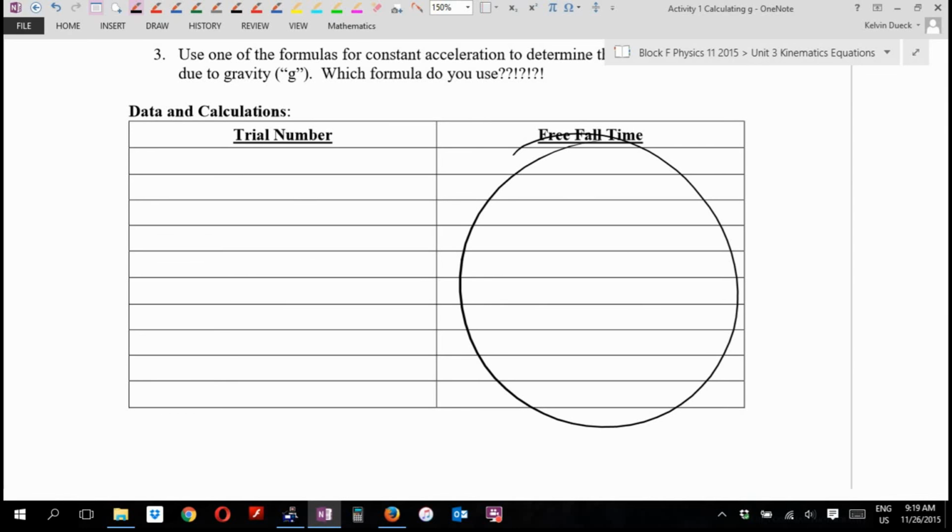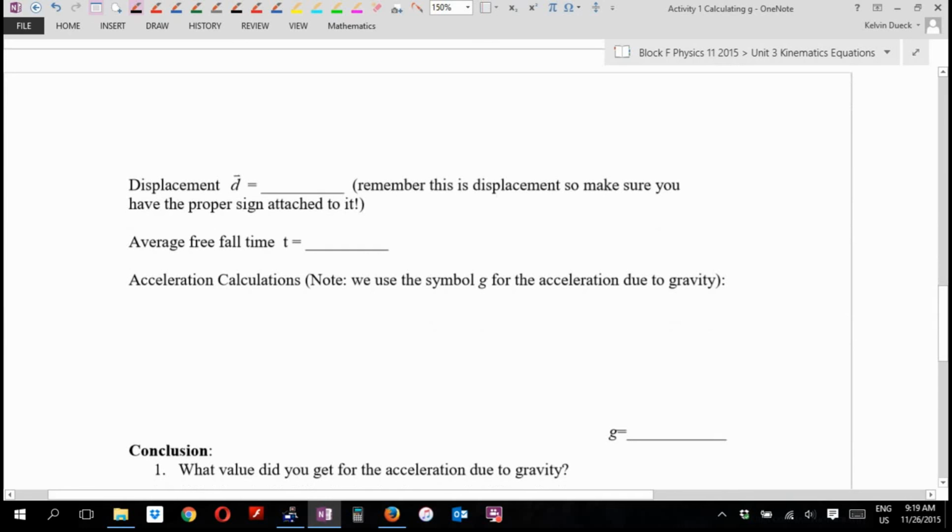That's acceptable research. You're going to add up all the times and then divide by how many there are. For most of you, it'll be add them up and divide by 10, unless you chucked a value. Okay? And that's going to give displacement, negative 4.5, on the next page. And there is where your average free fall time is going to go.